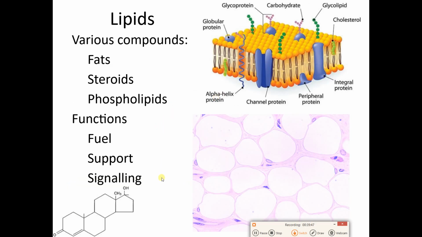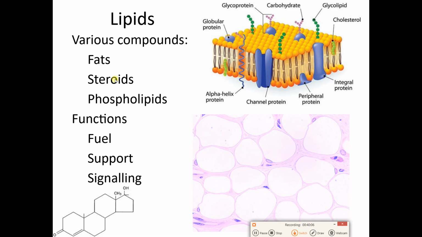Lipids. A variety of compounds are considered lipids, including fats. These are fat cells over here. Notice the nucleus, pointing out some nuclei here. Fats, of course, can function as fuel, and also function as support.